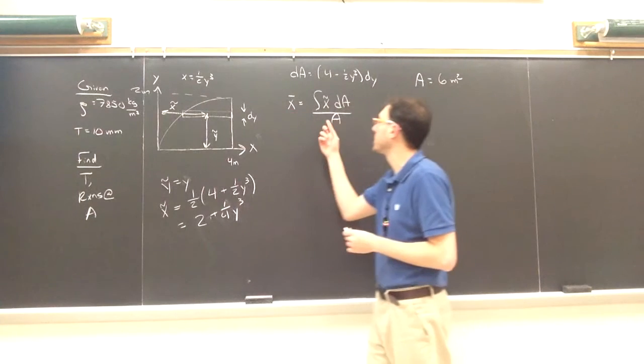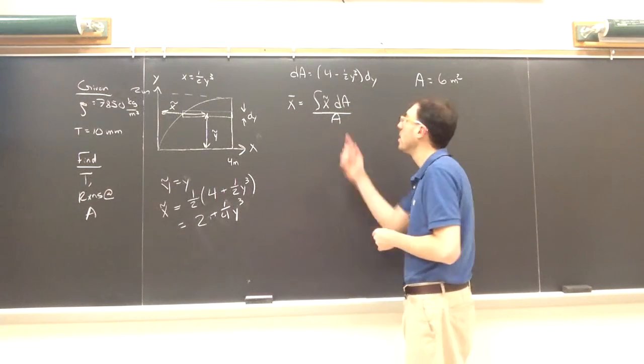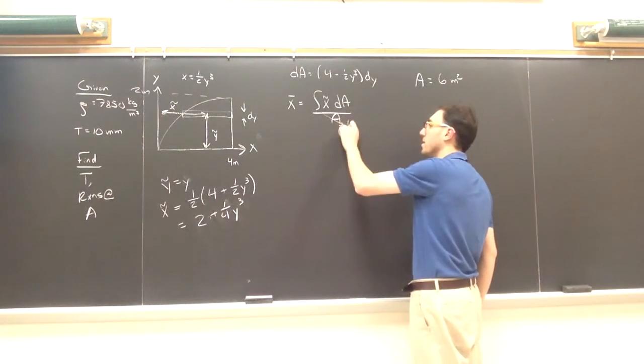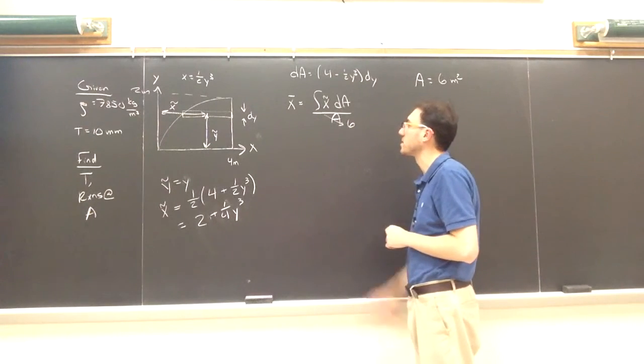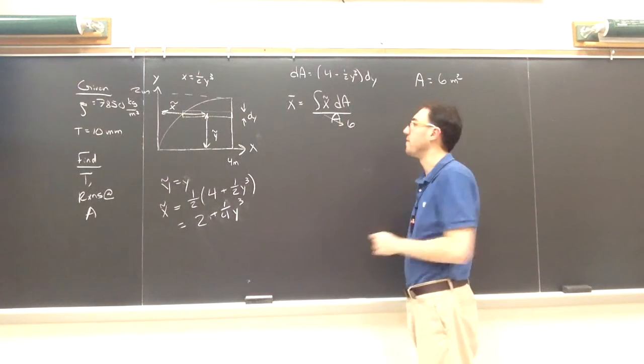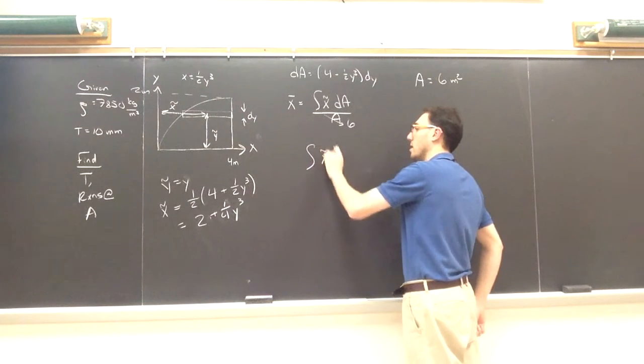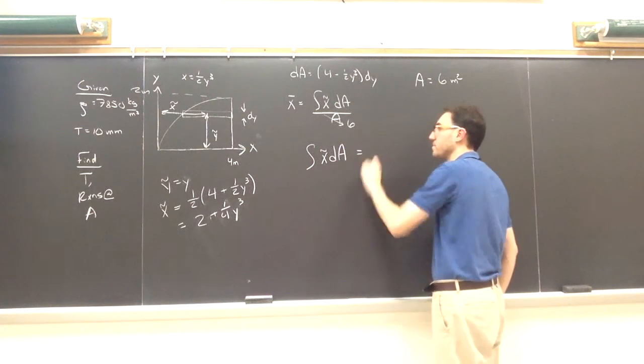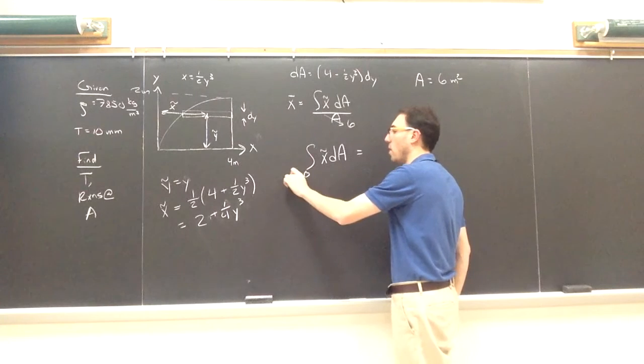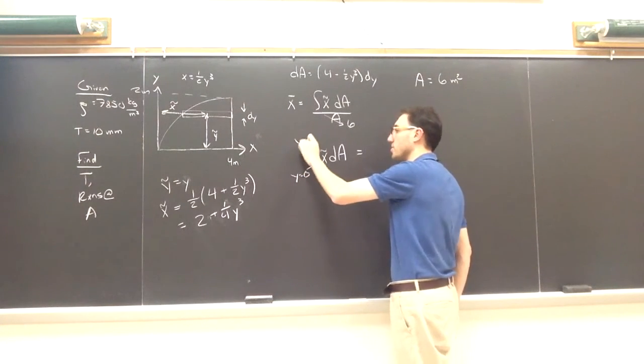So now we can go to this step where we actually run the integration. We already know A from the other day on Wednesday was 6. So it's the numerator that we need to find next. And we're going to integrate this from y equals 0 to y equals 2.